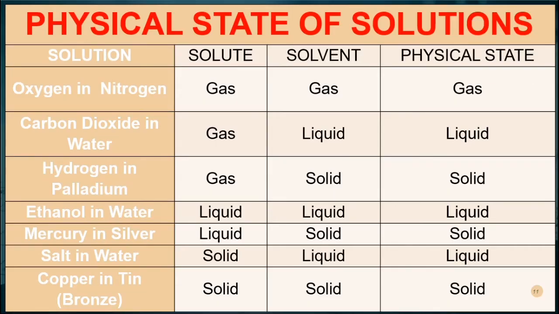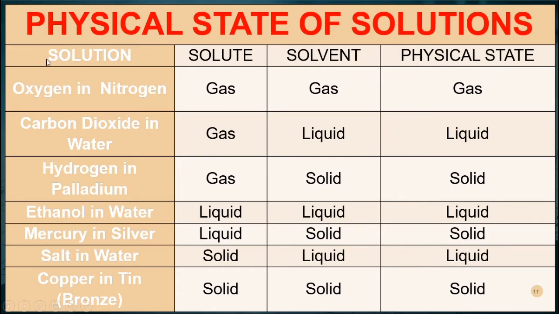And we have here examples of different solutions under the physical state of a given solution. So we have here a specific solution: oxygen in nitrogen, carbon dioxide in water, and so on and so forth. Here in the second column, we can see the physical state of the solute, the physical state of the solvent, and the physical state of the solution.